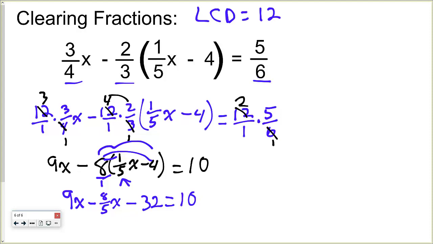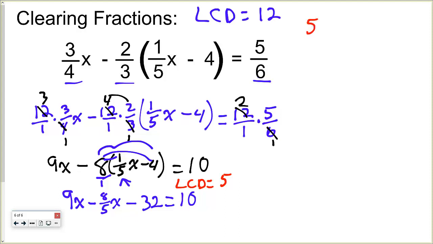Now I have to do an LCD again, and the only thing that I have in the denominator here is a 5, so the LCD here is really easy. So I'm just going to multiply everything in the problem by 5. And I'm going to do that over here on the side.